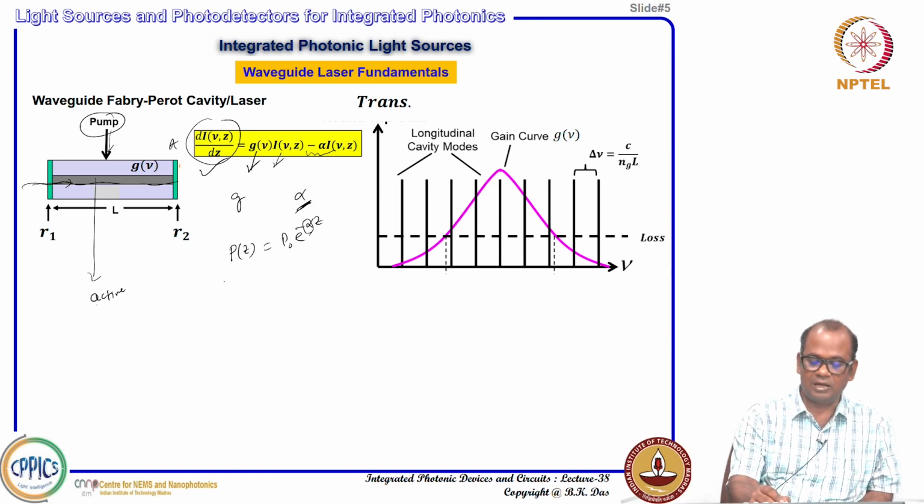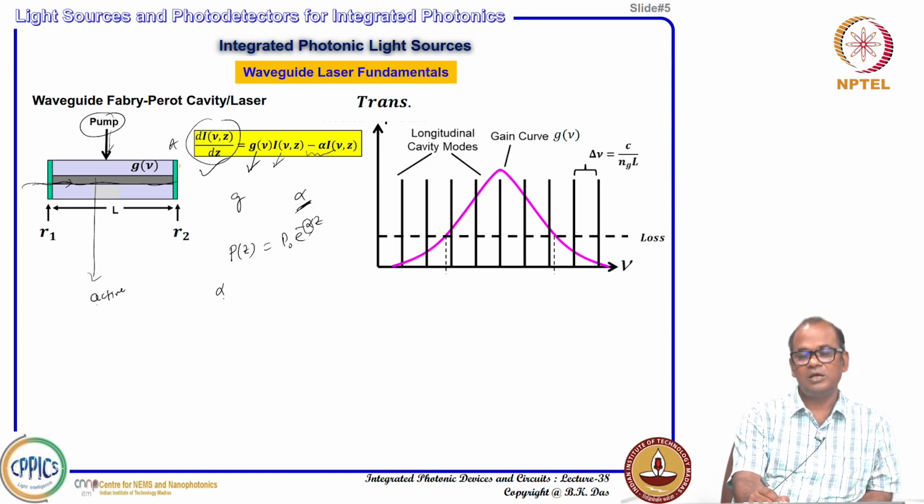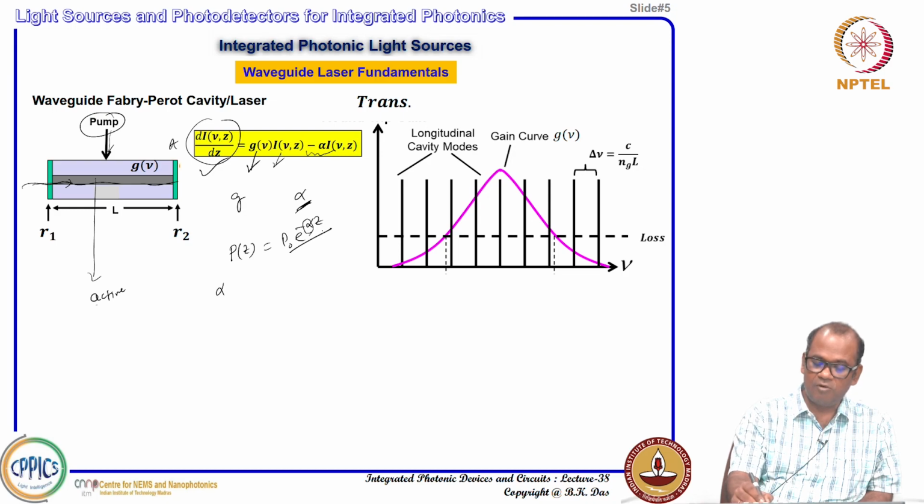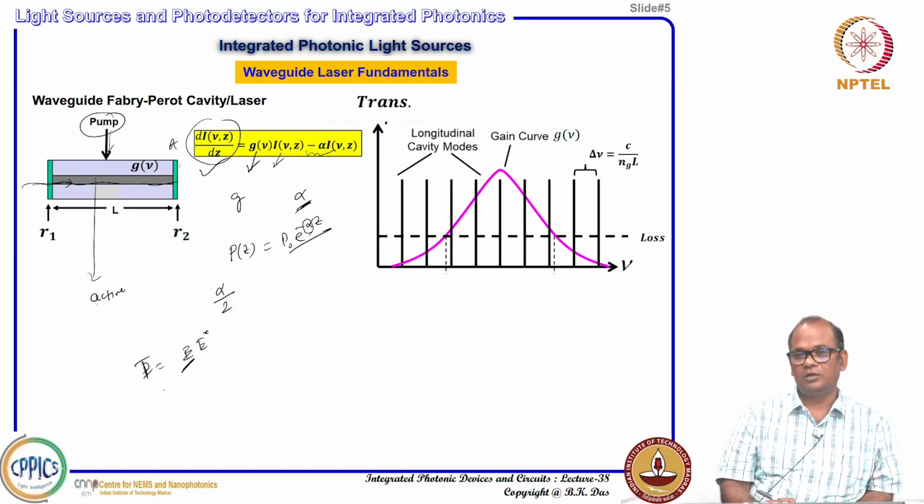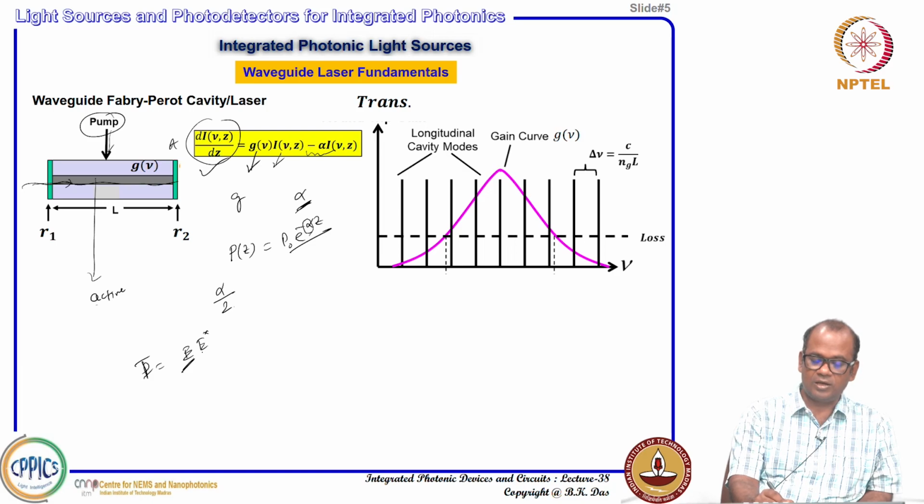Earlier you remember that alpha we normally consider as the loss coefficient for the amplitude. So, if alpha is the loss coefficient for the power, the amplitude loss coefficient will be alpha by 2, because power or intensity is nothing but E star E. So, if the electric field loss coefficient is alpha by 2, then E star E becomes alpha.